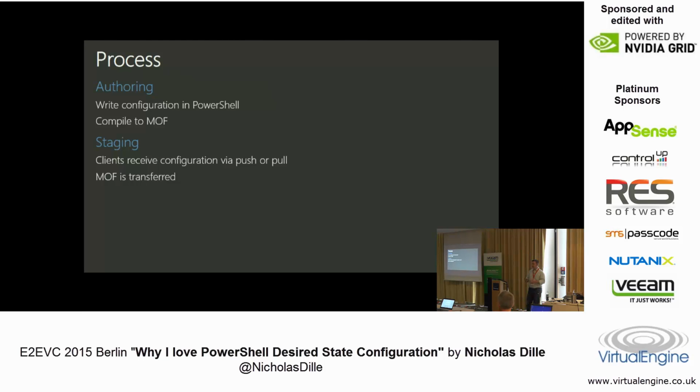That's great for testing, great for demos, because it's very easy to do. The other way, that's more for larger environments, is pull mode, where you tell a node to check with a server if it has a configuration for that specific node. That's something we'll look at in the security part of the presentation.